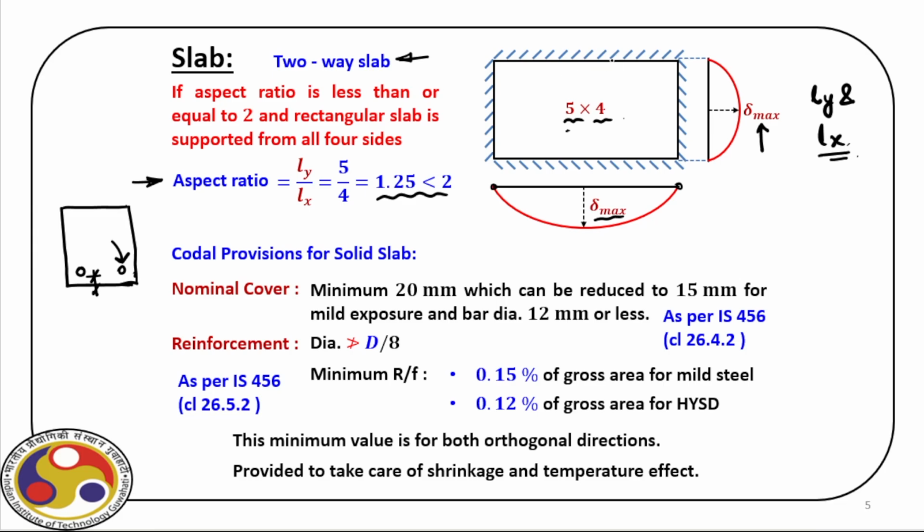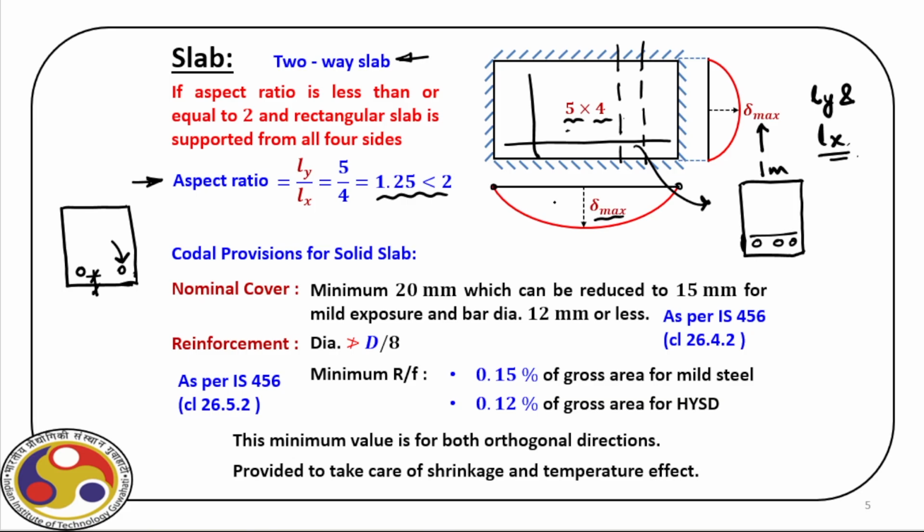And for the design of this slab, what we'll do, we'll consider a 1 meter wide strip, and then if we see the cross section here, we'll have a rectangular cross section where the width is 1 meter. So this side is 1 meter, and then we will provide rebars at the bottom, and we'll design this as a beam section. Now, obviously, we have to provide steel along this direction and steel along this direction. So there will be steel along this direction also.